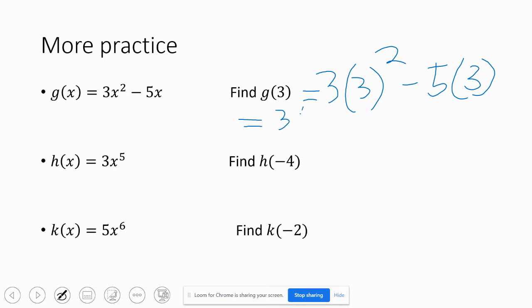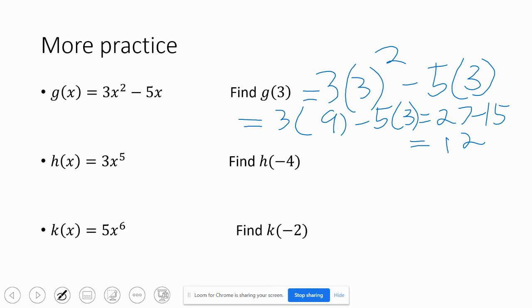That's 3 times 9 minus 5 times 3, which is 27 take away 15, which is 12.